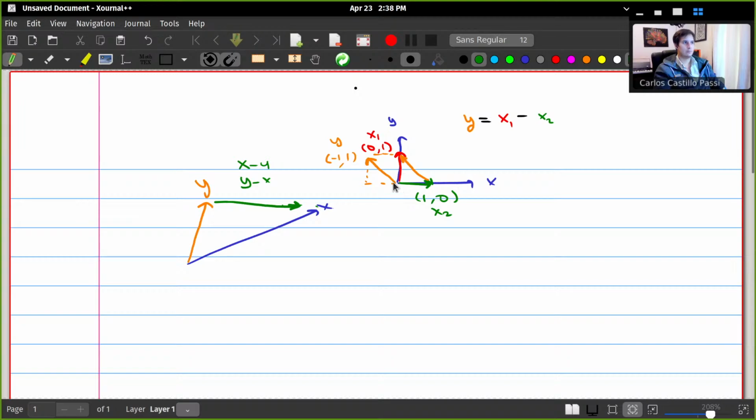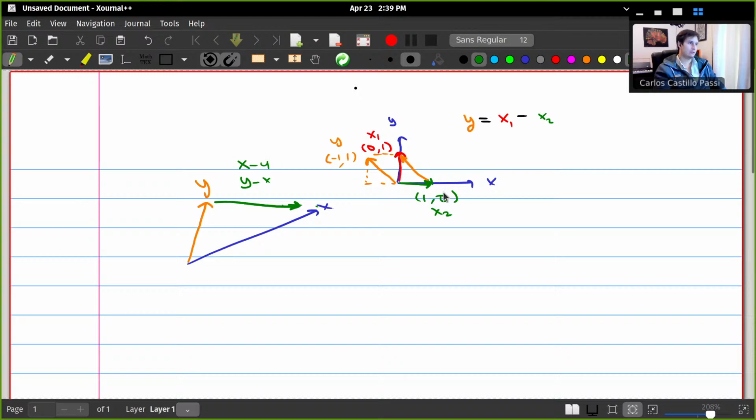Just by visual analysis, this vector is the same as this one, and because our example is very easy, we can obtain the coordinates: minus 1 on the x-axis and 1 on the y-axis, obtaining (-1, 1).